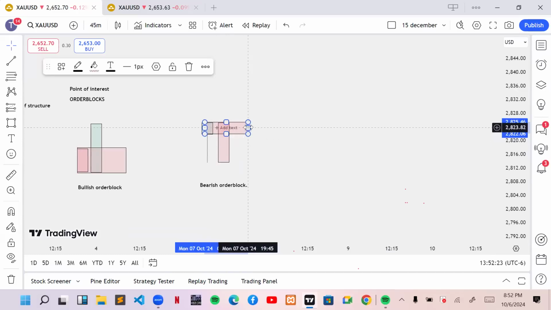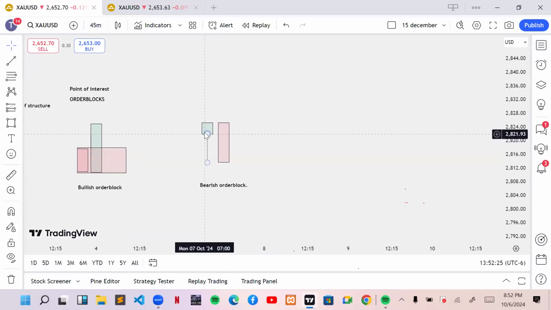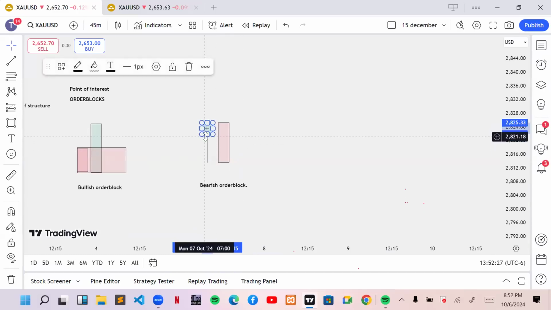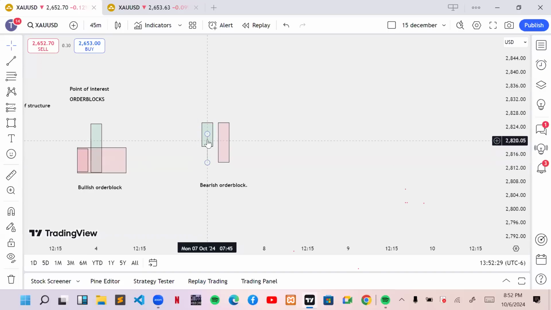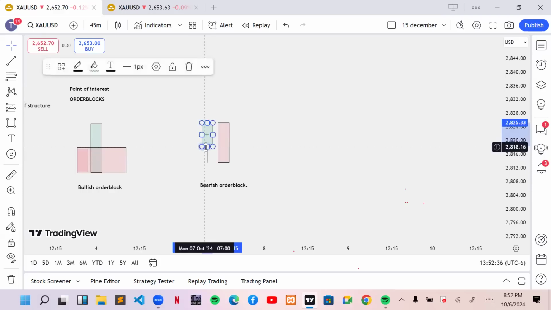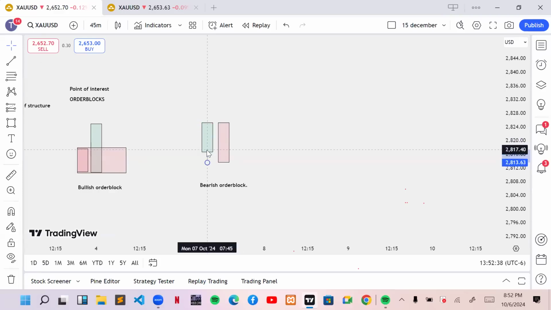Or in a situation where the wick is smaller than the body, for example, this is the body and this is the wick. The body of the order block is bigger than the wick, so you pick your entry from the wick of the order block. Do you understand?